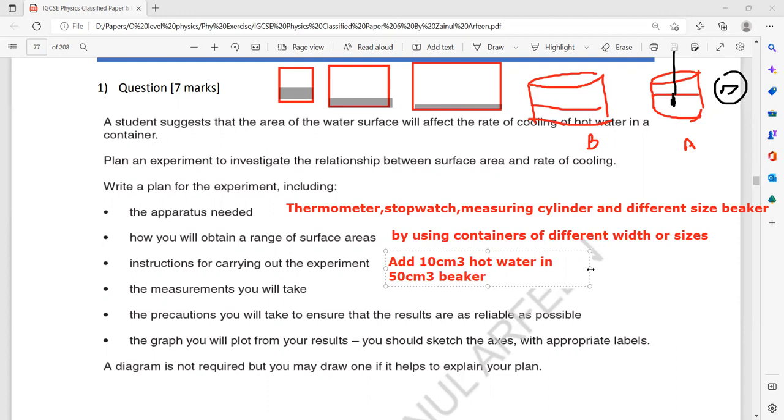So we add 10 cm cube of hot water in the 50 cm cube beaker. Like the maximum capacity is 50, but we only added 10 cm cube of hot water.